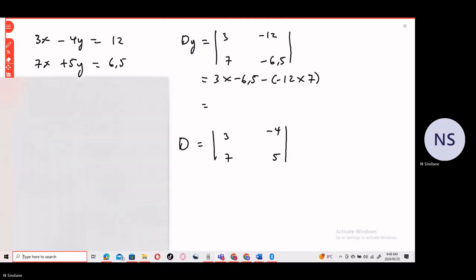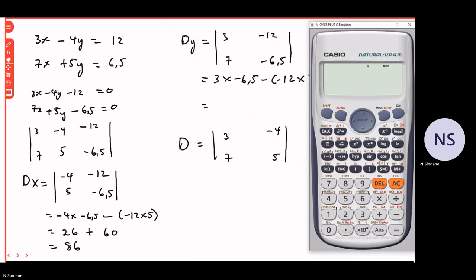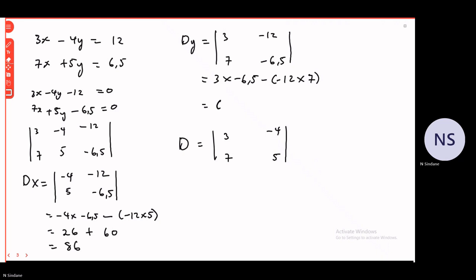Then let's now call upon our calculator. We'll have 3 multiply negative 6.5, then minus minus 12 multiply 7. This gives us 64.5.